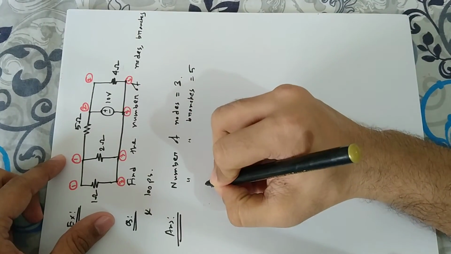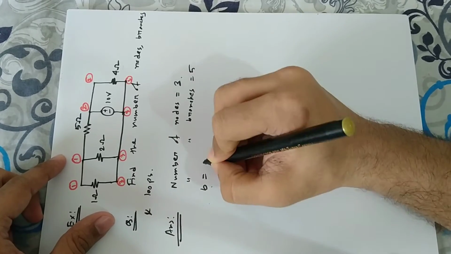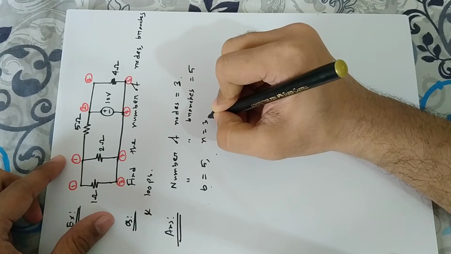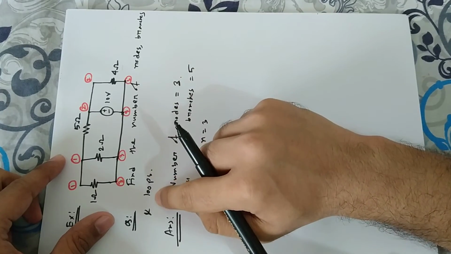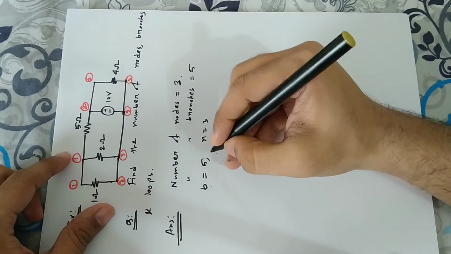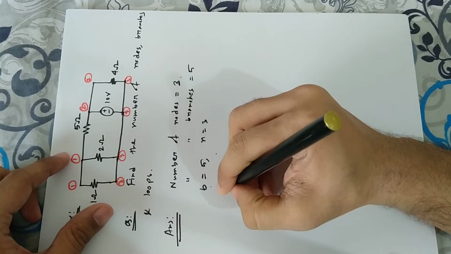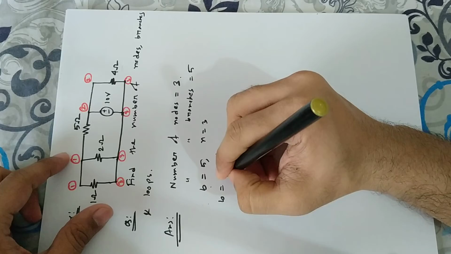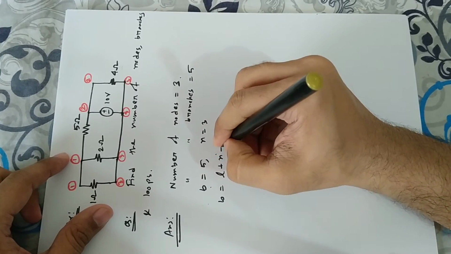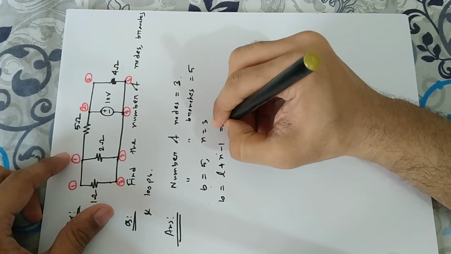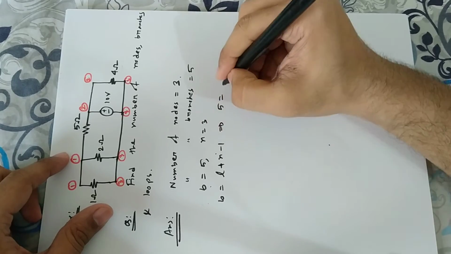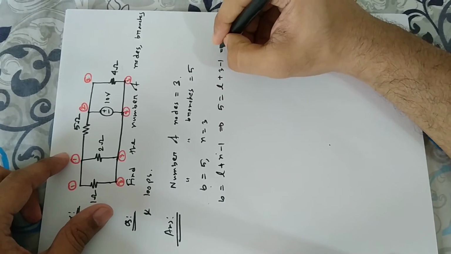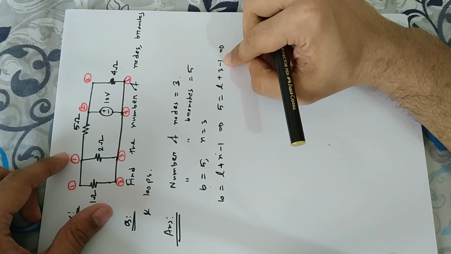Since B is equal to 5, N is equal to 3, now we can identify the number of loops, because we know from the network theorem B is equal to L plus N minus 1. Okay, so 5 is equal to L plus 3 minus 1. 3 minus 1 is 2.